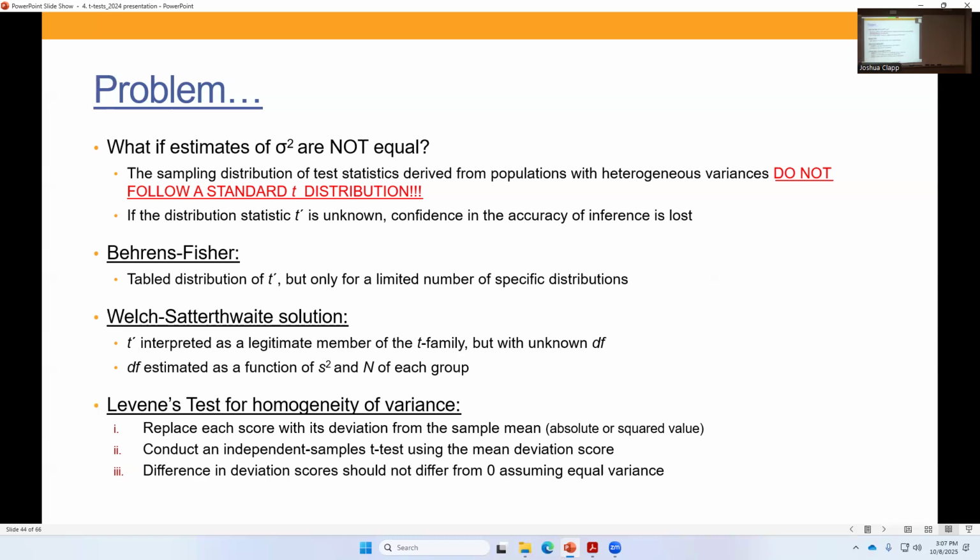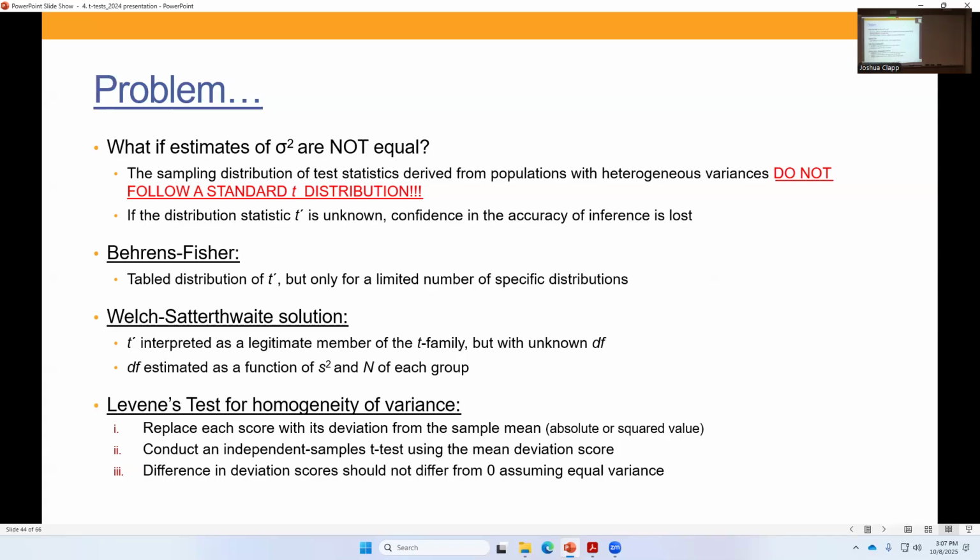If the average deviation from the mean in your first group is about the same as in your second group, what should you get with an independent sample t-test of those deviation scores? No difference, or they should be very close, right?